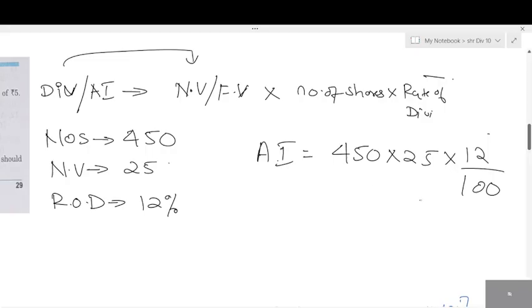All of you, what's the answer you got? See, start cancelling directly, then stop using the 2 times, 3 times tables. 25 ones are 25, 4 ones are 4, 450 into 3 is 1350. 1350 is the answer. Yes, 1350.